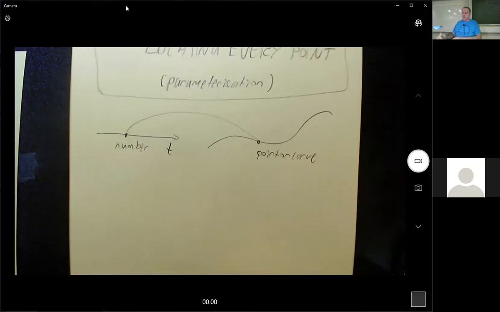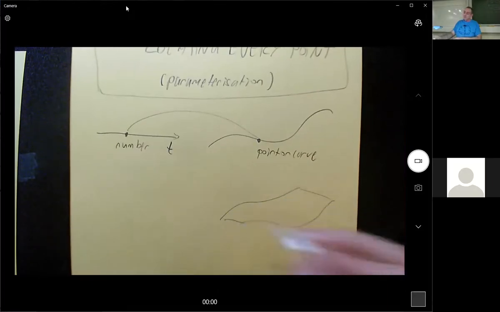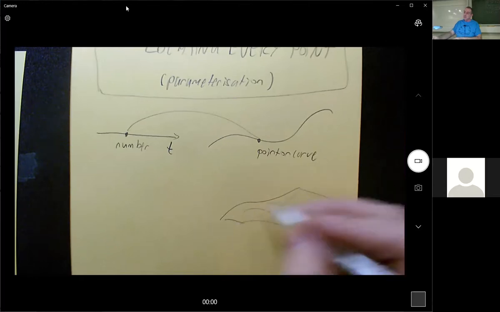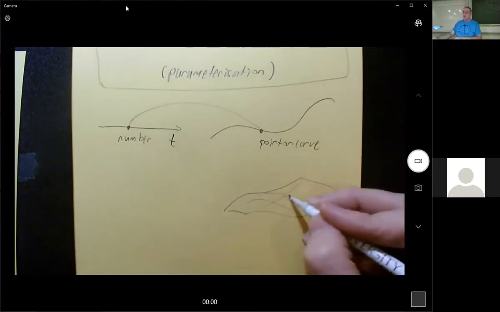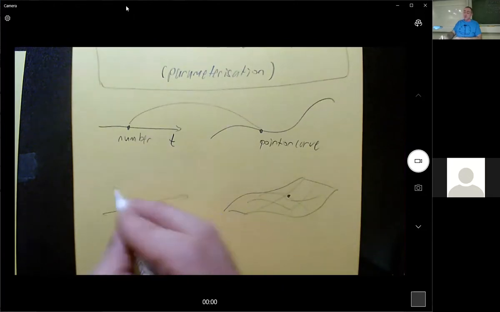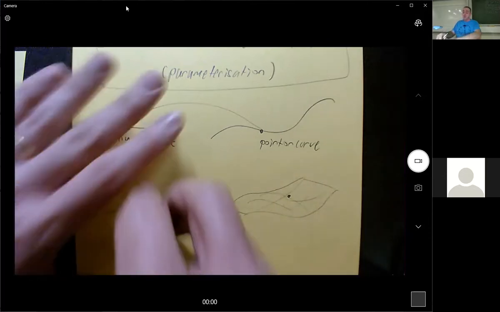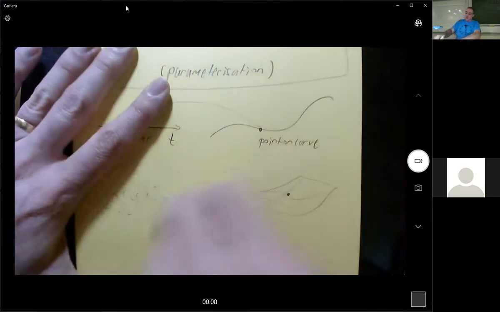But if you've got a surface, that will require you to have two numbers. So usually those numbers are arranged in a plane, but it doesn't have to be. They can just be two separate numbers.